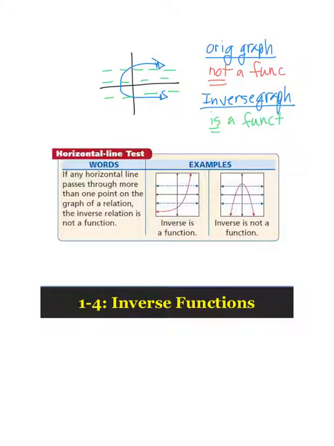So you can start off with a graph that is not a function and its inverse becomes a function. You can start off with a graph that is a function and its inverse is not a function. You could also start off with a graph that is a function and its inverse is a function. And you can start off with a graph that's not a function and its inverse is also not a function. So there's all kinds of different combinations that you can have.